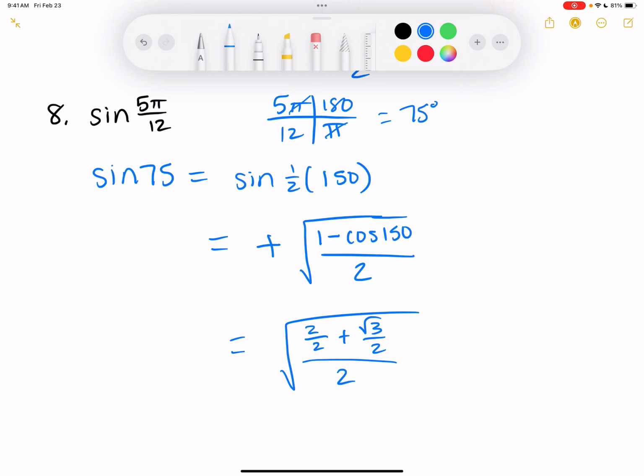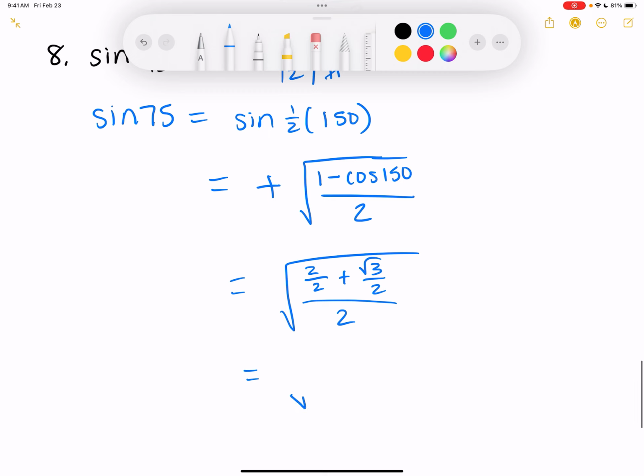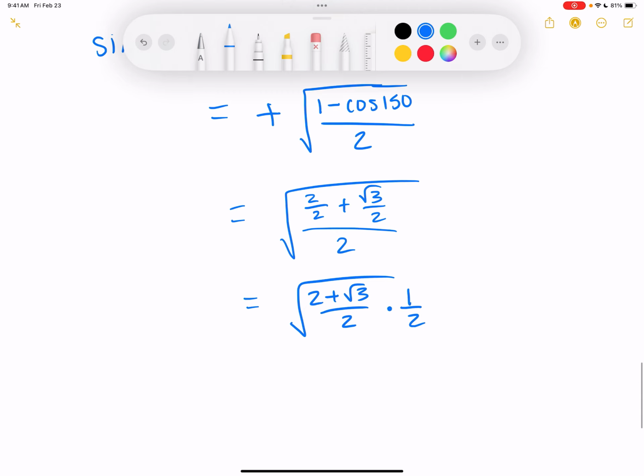So then I've got the square root of 2 plus root 3 over 2 times 1/2, which is going to end up becoming the square root of 2 plus root 3 over 2, just to save having to write it out all the time. If you want to write it out like I've been doing, that's fine, but if you want to shorten it down and do it like this, that's also fine.